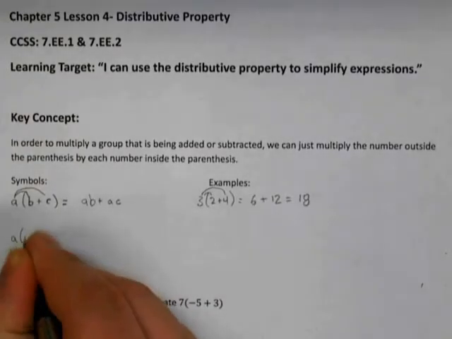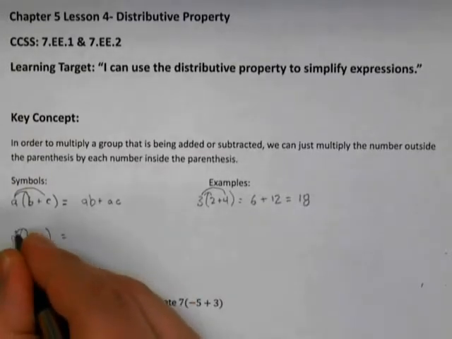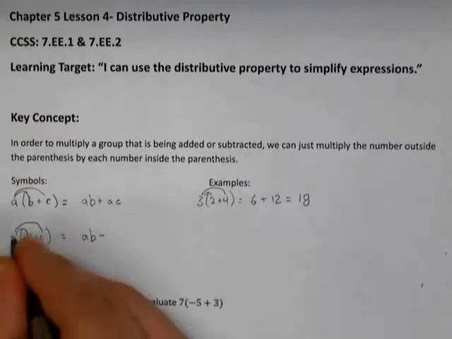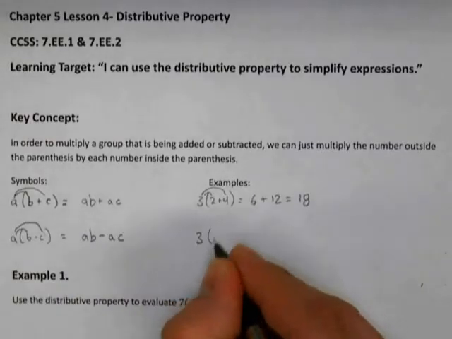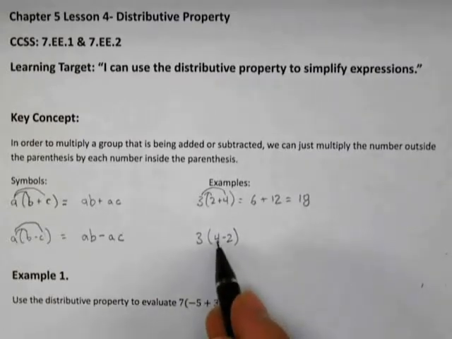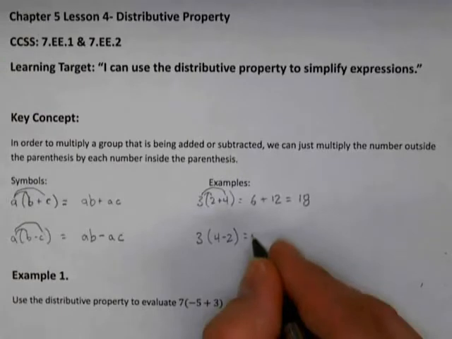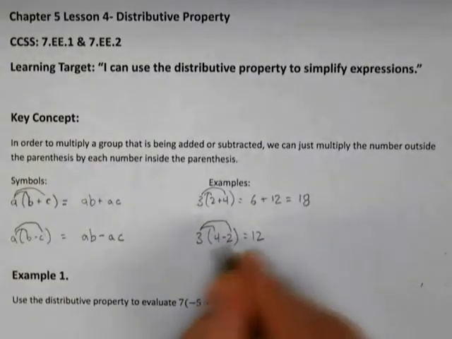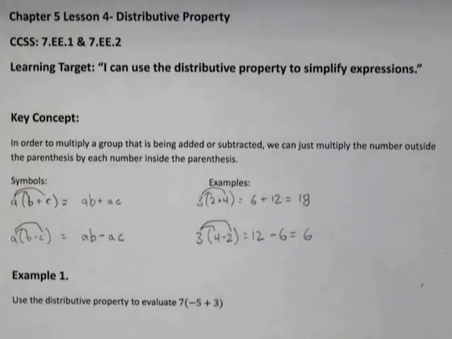If we had A times B minus C, that would just be, again, rainbow effect here, AB minus AC. And again, I'm going to switch these around, say 3 times 4 minus 2. We know that's going to be 2 times 3 is 6. We have 3 times 4 is 12, and 3 times 2 is 6, so minus 6, and again, we get 6.